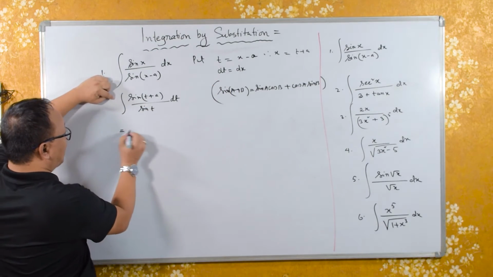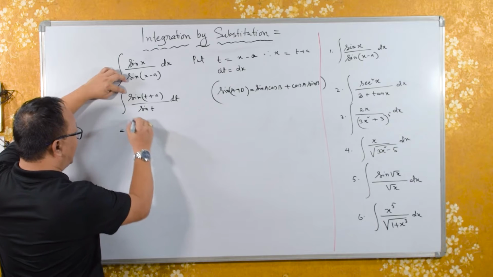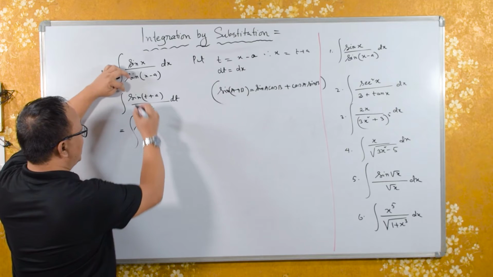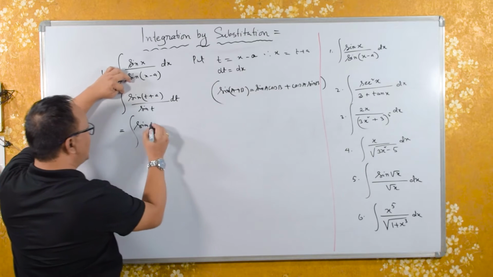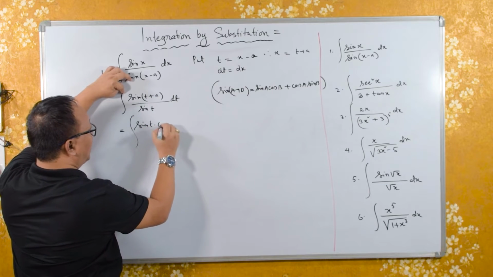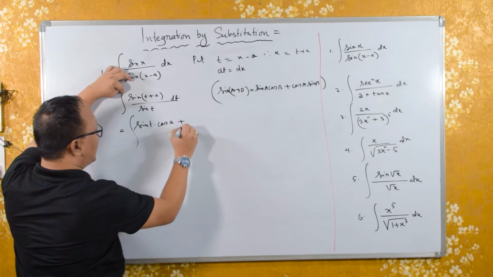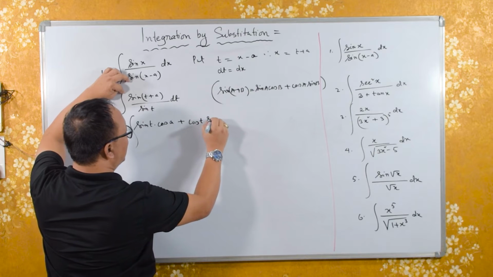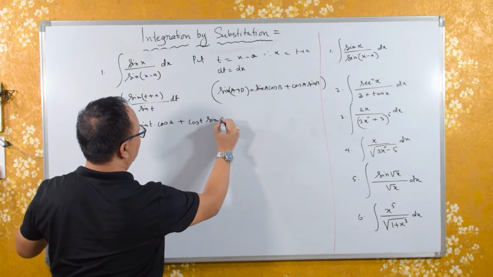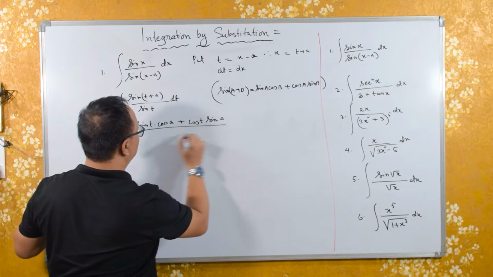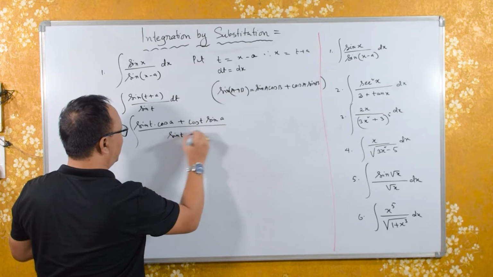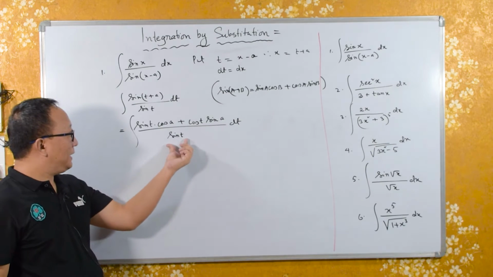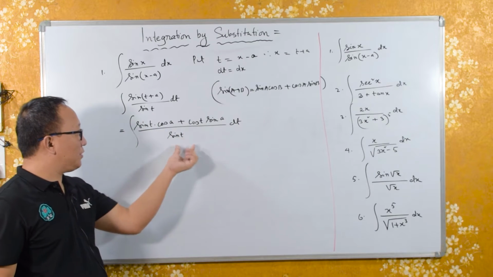This is same as the integral, still we have not done any integration, of sine t cos a plus cos t sine a upon sine t dt. Now this sine t I can distribute in this term also, this term also.